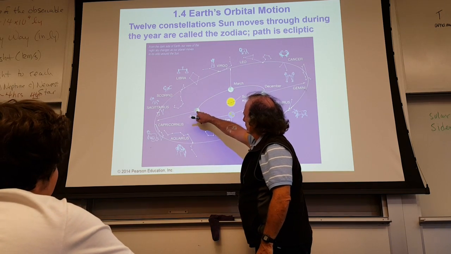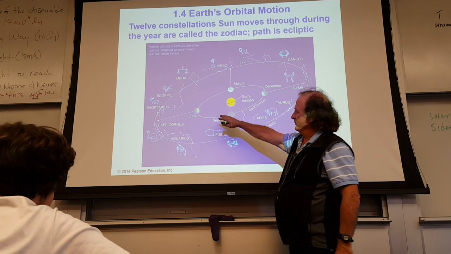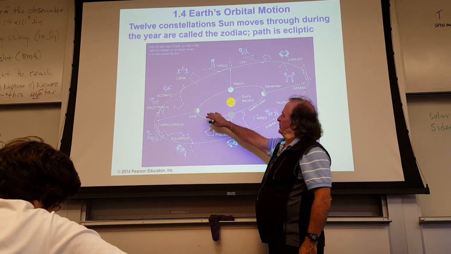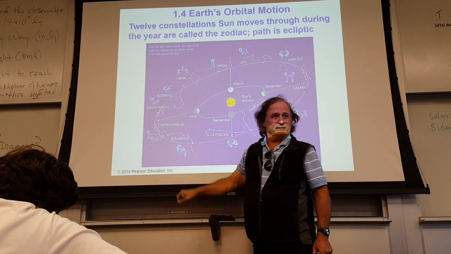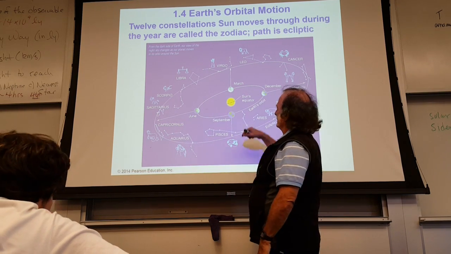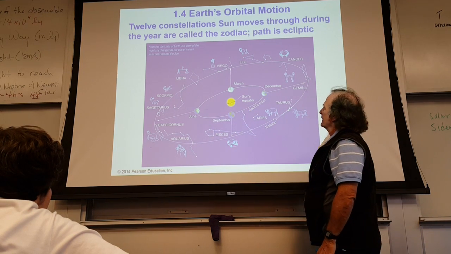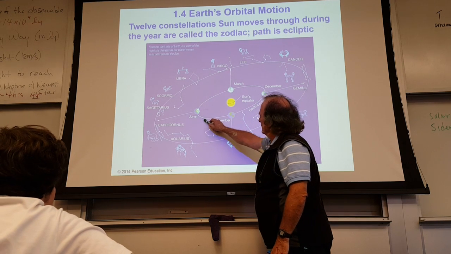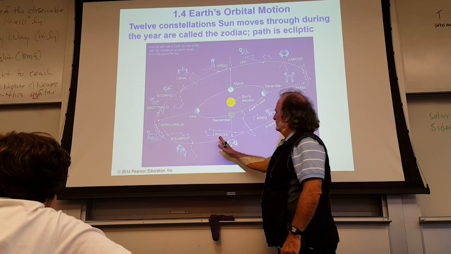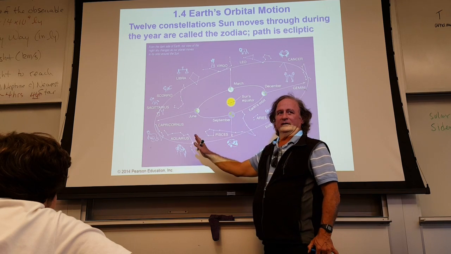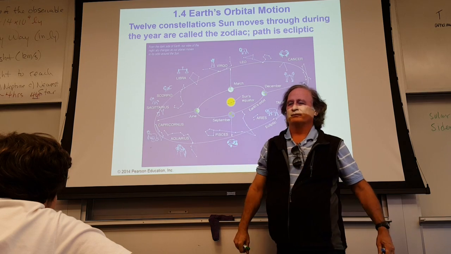But as the year goes on, if you look down from the North Pole to the South Pole of the Earth, and by the way, all the planets orbit the same direction, counterclockwise as you're looking down on the North Pole of the Earth, the Earth is going around here, and then later in the year, we see other constellations along the ecliptic. This is called the zodiac. Zodiac is just constellations the ecliptic goes through.